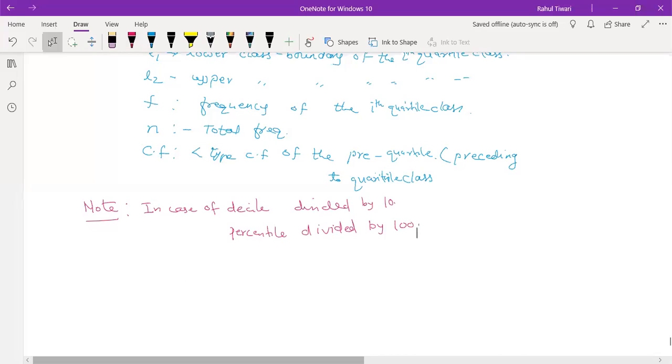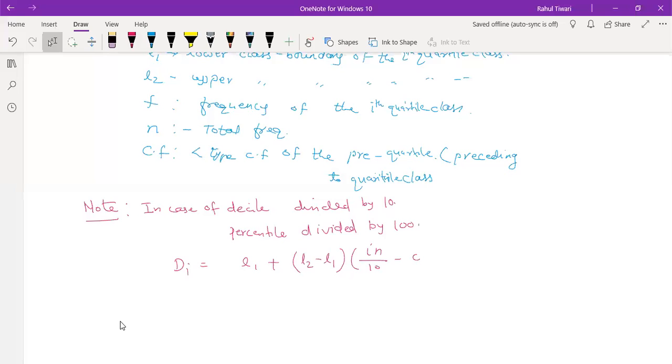Any question? Do you want the formula for decile and percentile also? I may write it down, no problem. So Di is equal to L1 plus (L2 minus L1) times (i n by 10 minus the cumulative frequency of the previous class) upon F, where i takes values 1 up to 9.